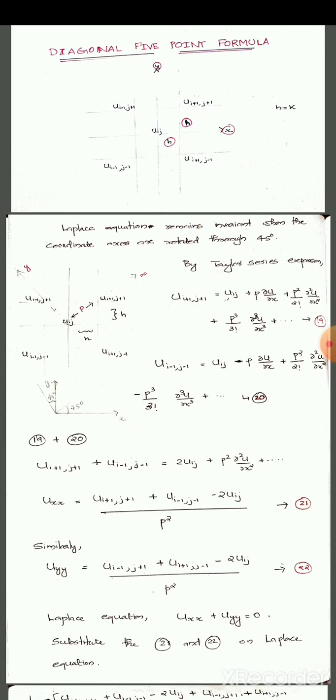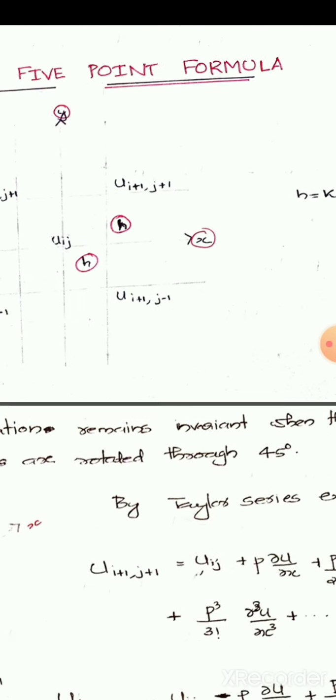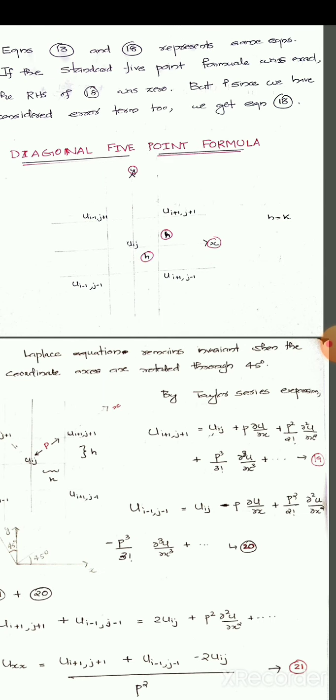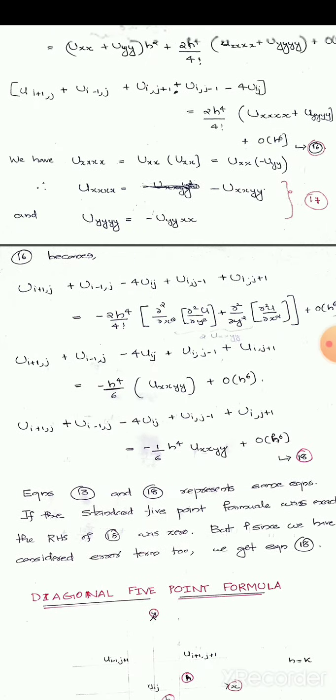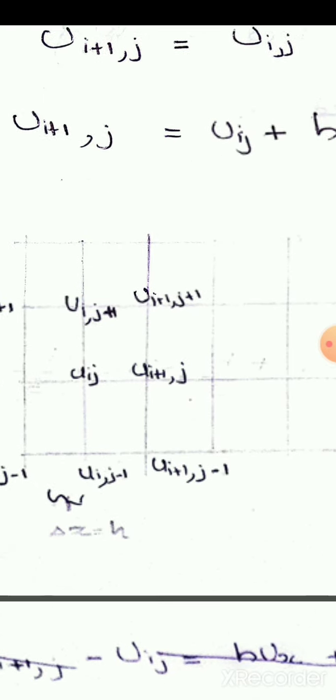Now we go to the diagonal 5-point formula. Here also h is equal to k. The mesh or grid structure becomes a square, and the diagonal points of uij are considered. In the standard 5-point formula we consider, suppose this is uij, ui plus 1j, uij plus 1, ui minus 1j, and uij minus 1.